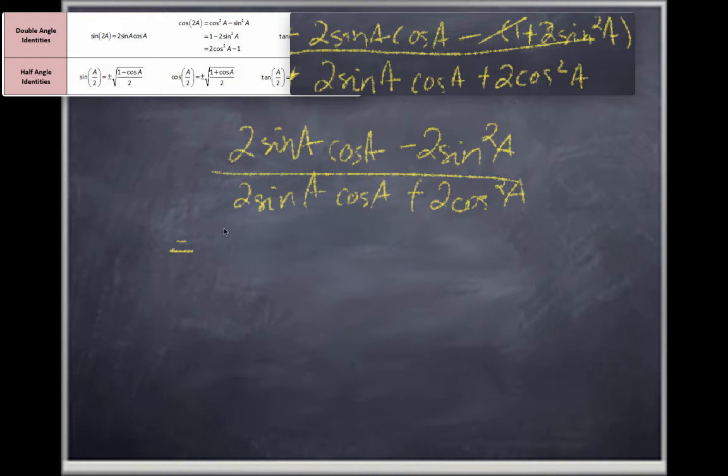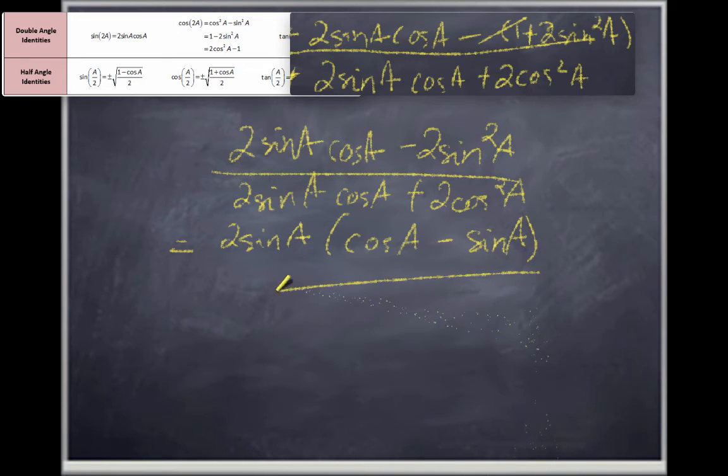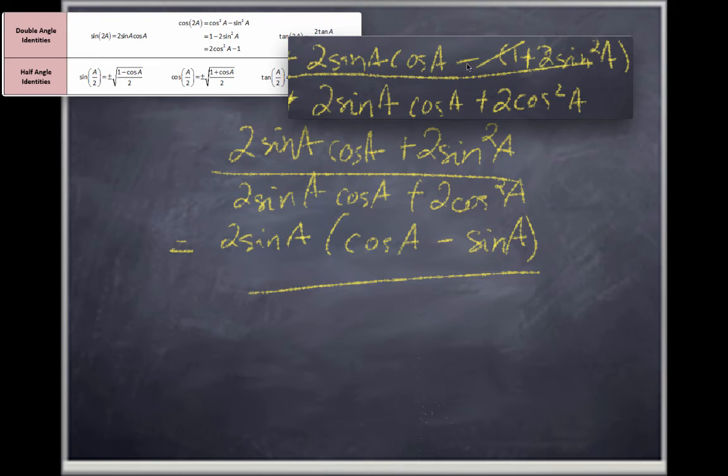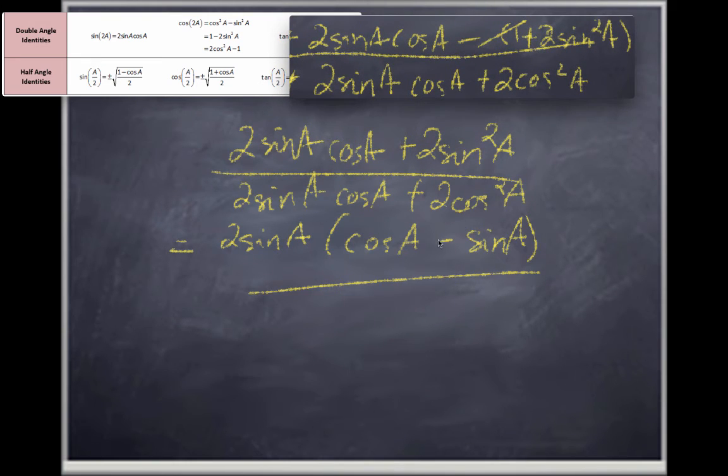None of them are this complicated, so we look for ways to factor. I can take 2 sine A out, make cosine minus sine. Oh, sorry, this is a plus. These 2 minuses made a plus. So this is plus.